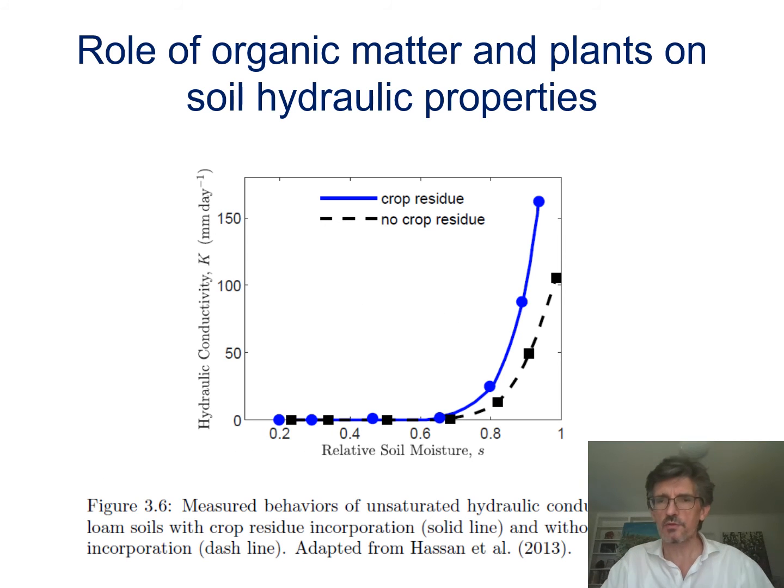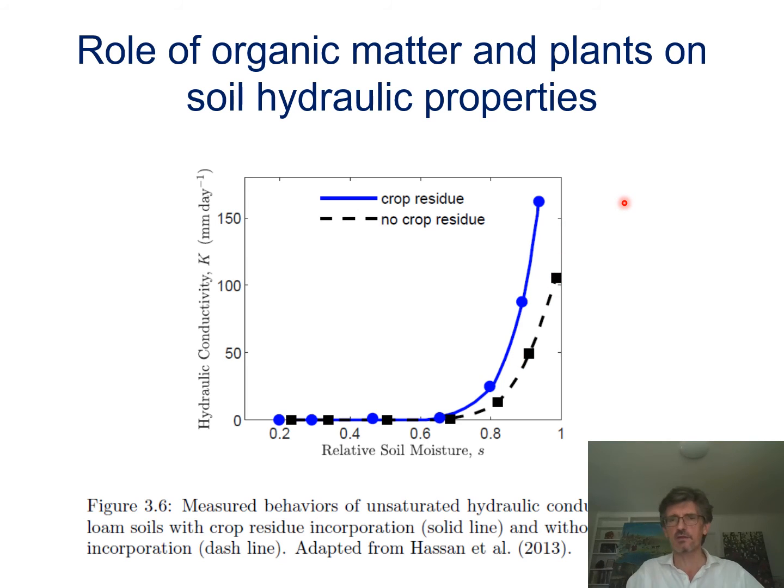In the introduction, we talked about how the biotic component of ecohydrological processes impacts hydrology. These are some examples of how organic matter and plants affect some of the hydraulic properties. The first figure shows hydraulic conductivity on the y-axis and relative soil moisture, so we see the strong nonlinearity that I showed you before.